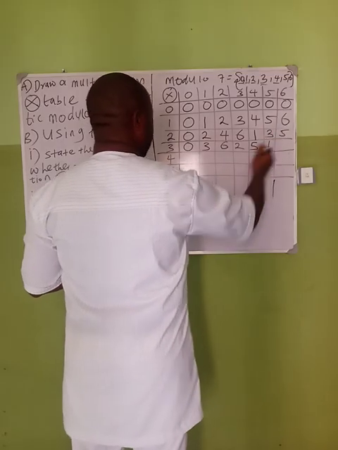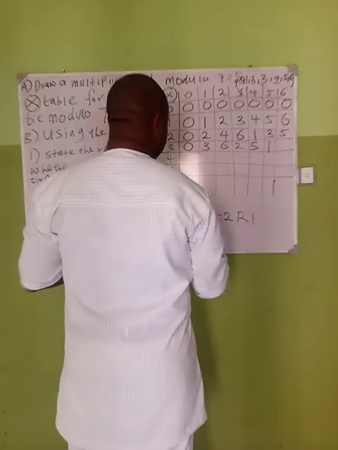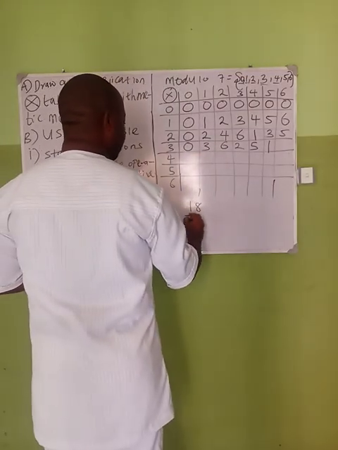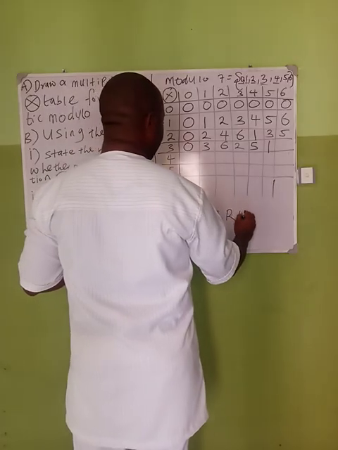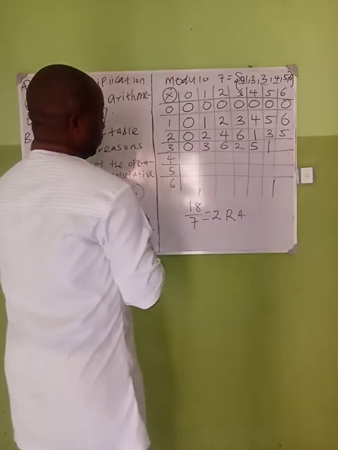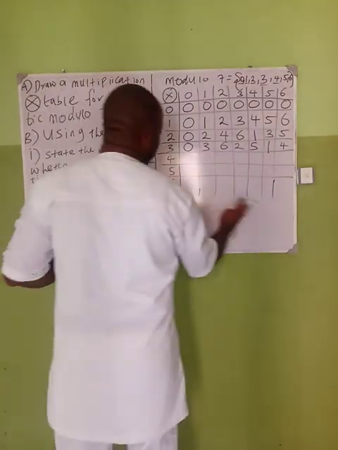So I'll write 1. And then 3 times 6, that's 18. So 18 divided by 7, I think this is 2 remainder 4. Because 14 plus 4 will give us 18. So I'll write 4. So we are done with the third row.